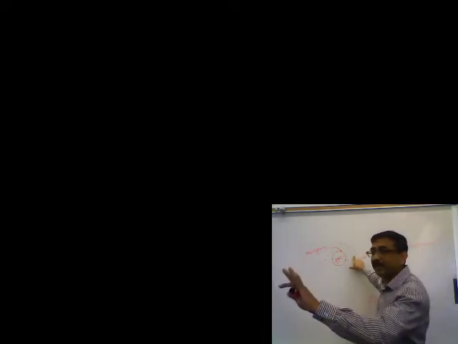Okay. So, the rule is what? If an antigen is present on the surface of the red blood cell, corresponding antibody must be what? Absent in the plasma. That is the rule.